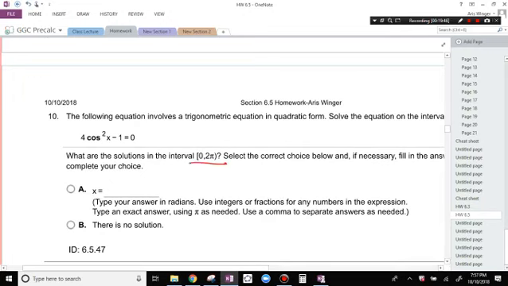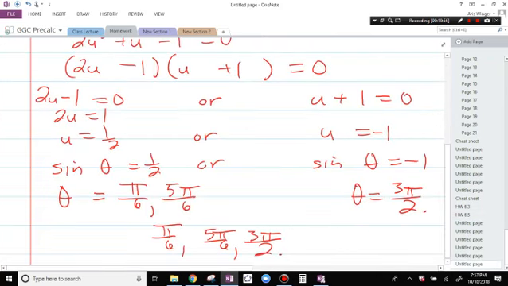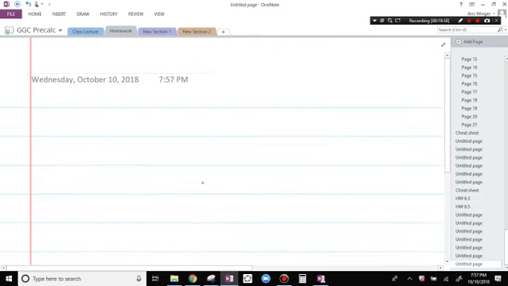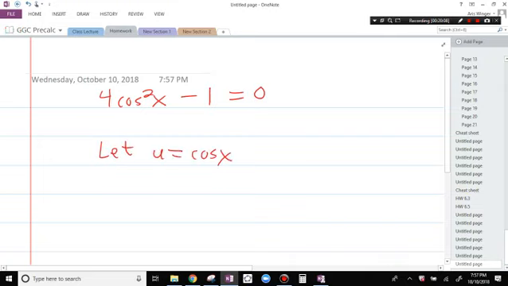And so 4 cosine squared x minus 1 is equal to 0. Let's add a page here. You don't have to, but just in case you would like to, then use u for cosine x. 4u squared minus 1 is equal to 0. 4u squared is equal to 1.